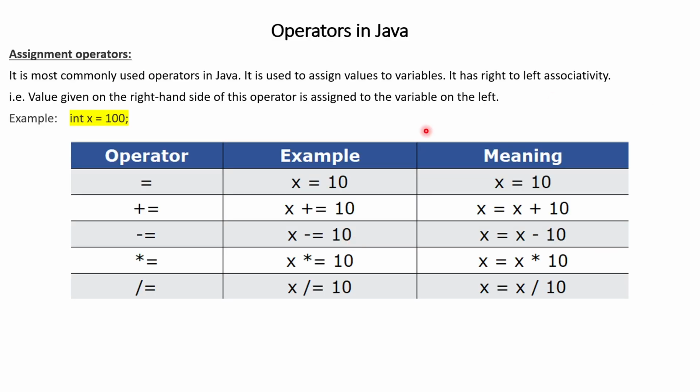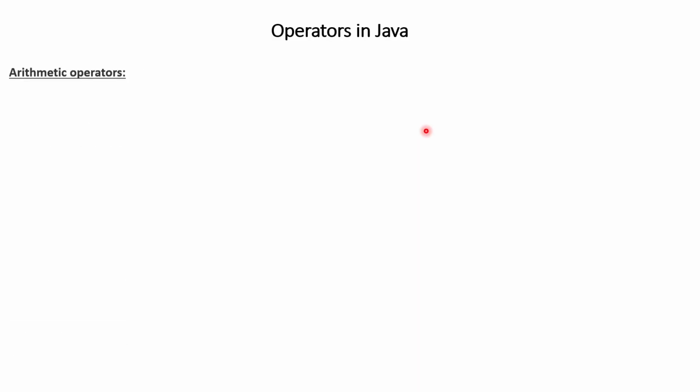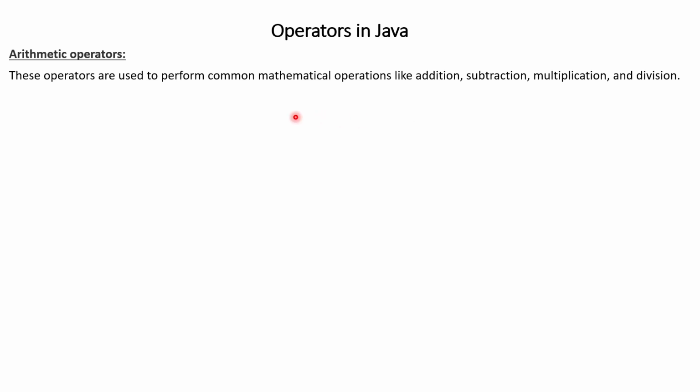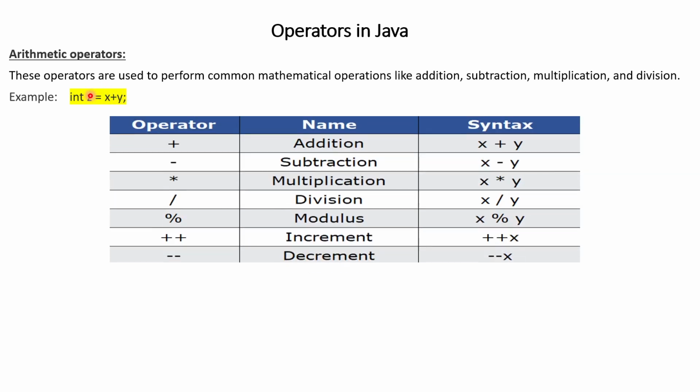Then further we have the arithmetic operators. These operators are used to perform common mathematical operations like addition, subtraction, multiplication, and division. For example, I can say integer z equal to x plus y. So on the right hand side, I am adding two variables and assigning the value to z.